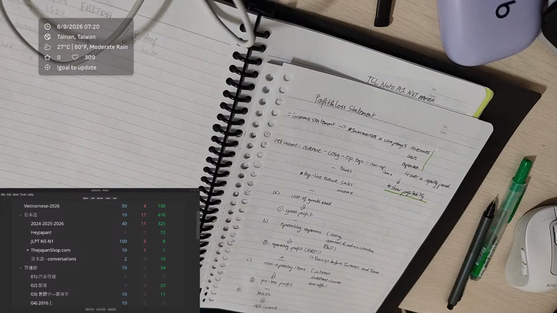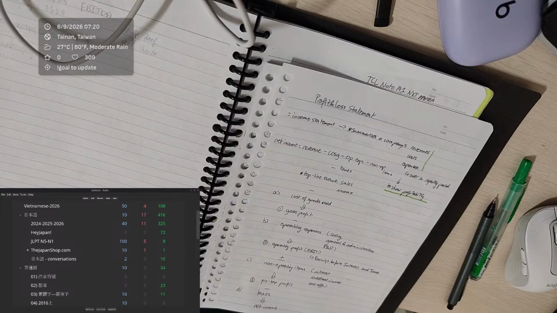So I'll give an example. If revenue is 200, and the cost of goods being produced is 80, then you deduct that from 200, so that makes $120. Then you deduct the operating expenses, and if they are, let's say, $50, then you deduct them further.